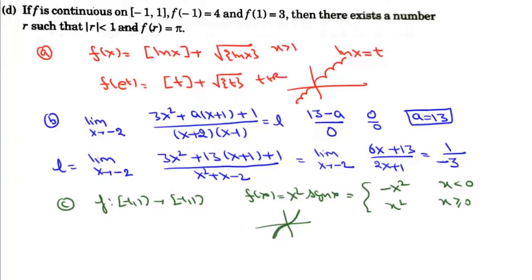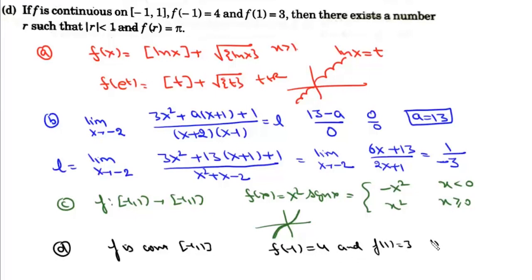And finally, for this option D, it says f is continuous on minus 1 to 1 and f(minus 1) equals 4 and f(1) equals 3. Now this pi lies between 3 and 4.